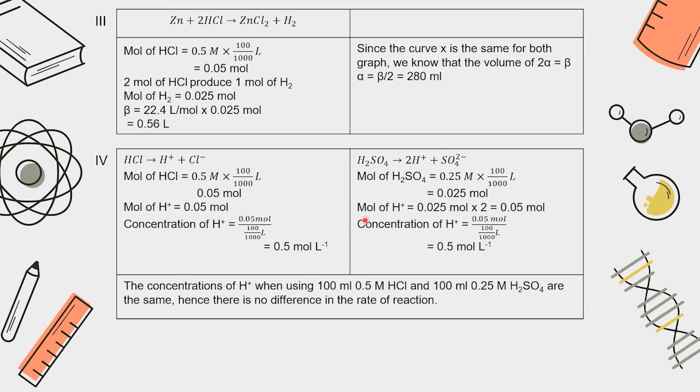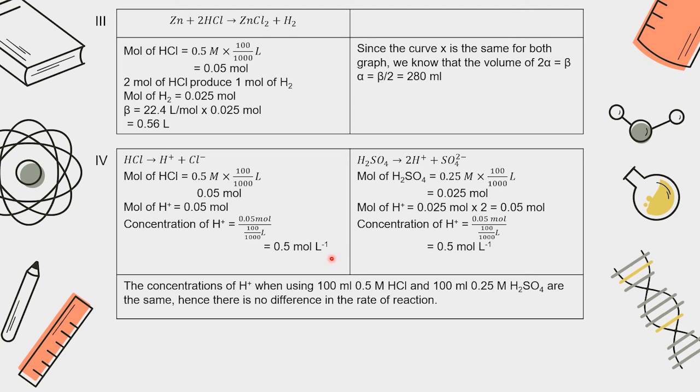Same thing for the sulfuric acid, we find its mole, which is 0.025, and because the mole ratio here is 1:2, the mole of hydrogen ions will have to be multiplied by 2, so we get 0.05 mole. And then we calculate the concentration, which is 0.5 mole per liter.